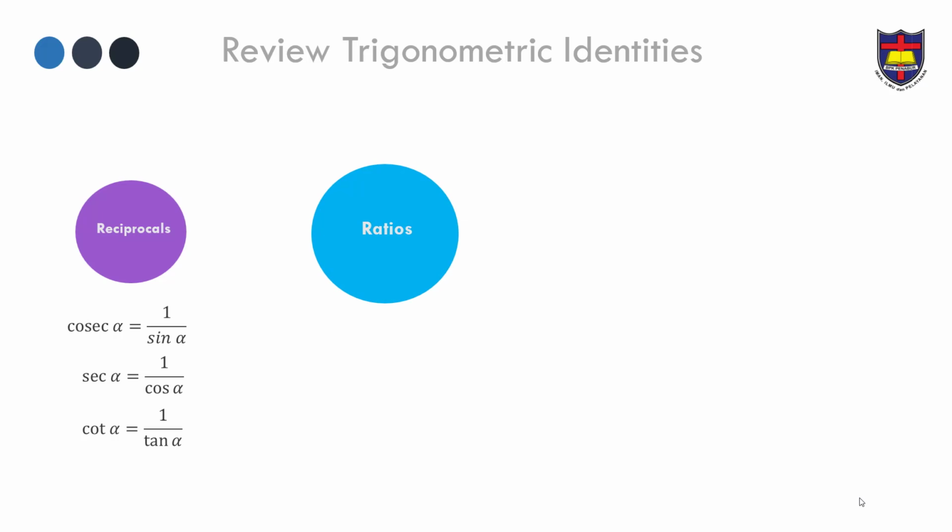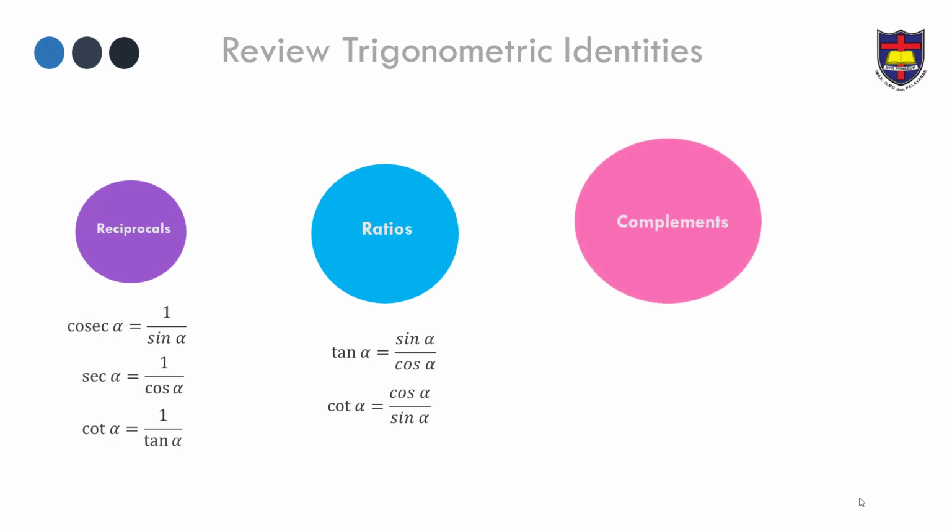We also have the ratio identity. Do you know what ratio identity is? This is what we have. We have tangent alpha, which is sine alpha over cos alpha, and since the reciprocal of tangent is cotangent, we also have the cotangent alpha ratio, which is cos alpha over sine alpha.